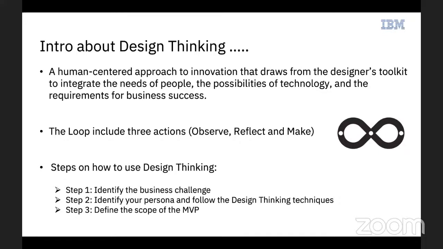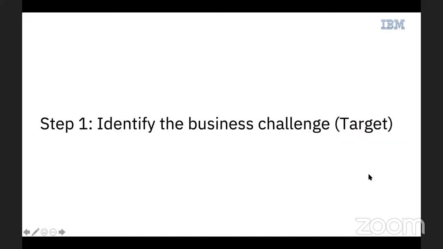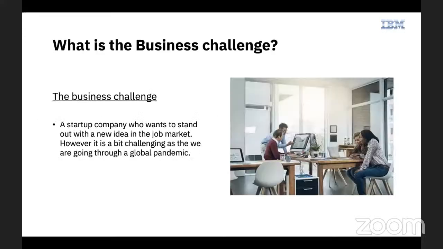Okay. So now let me take you through the first step, which is identifying the business challenge, which we related to the observation. This is the observation in the loop, okay? So the business challenge we have today is a startup company that just started to operate and is still not stable because of what happened with the world, which was coronavirus, a global pandemic.